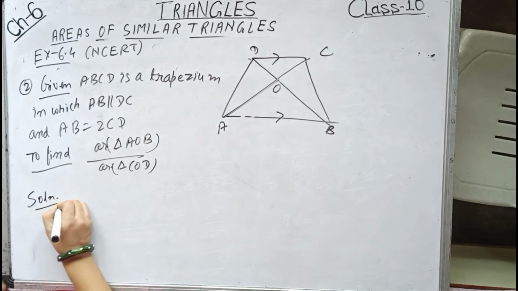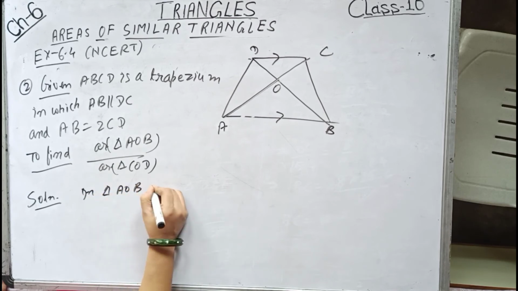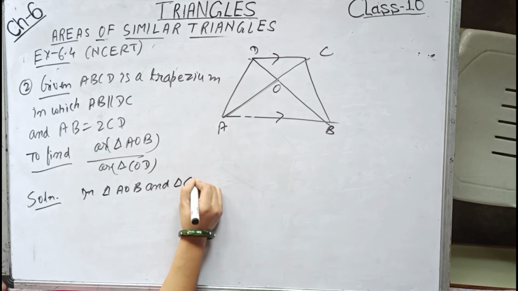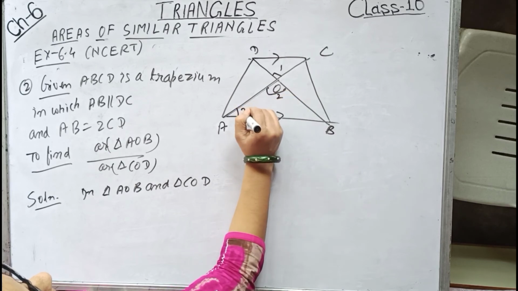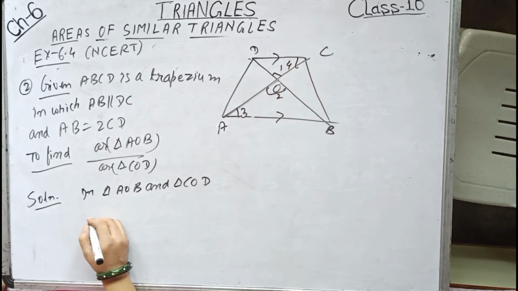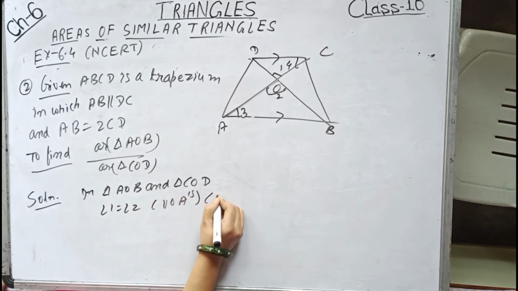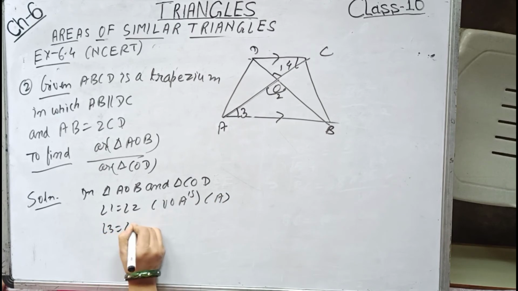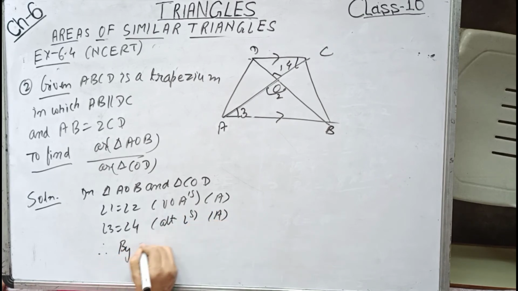So solution: in triangle AOB and triangle COD, angle 1 equals angle 2, vertically opposite angles. Angle 3 equals angle 4, alternate angles, and therefore by AA similarity, triangle AOB is similar to triangle COD.